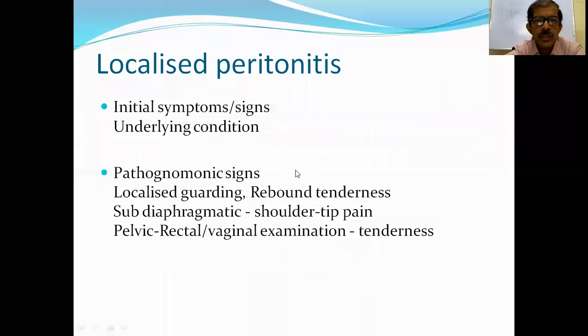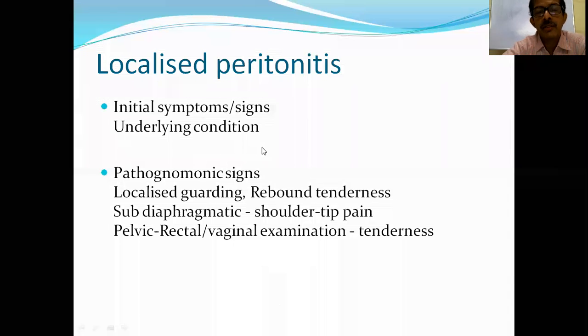So these factors will lead to localization of the peritonitis. So what are the symptoms and signs of localized peritonitis? Mainly, as I already told you, if it is appendicitis, there may not be any signs of peritonitis except the symptoms of appendicitis, the underlying condition.